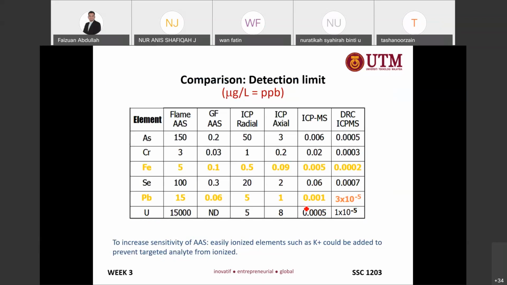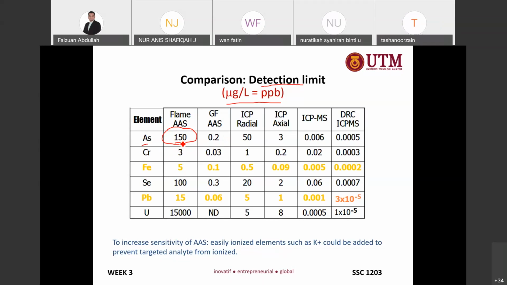We have a comparison of the detection limit in ppb. For arsenic, in flame we can detect 150 ppb, meaning that this is the detection limit.